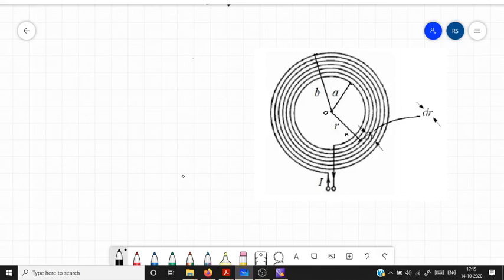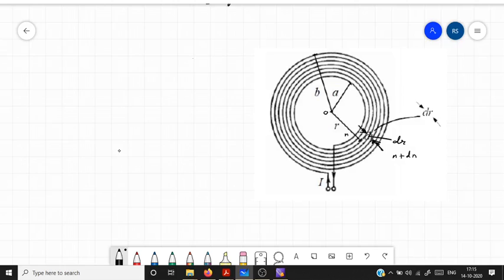And if we take a very small region, let us assume that as dr. In that region, the number of turns gets increased to n plus dn.